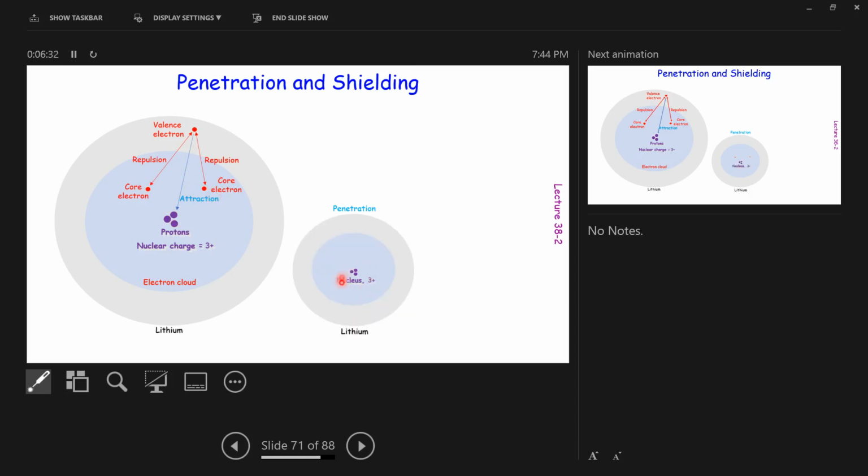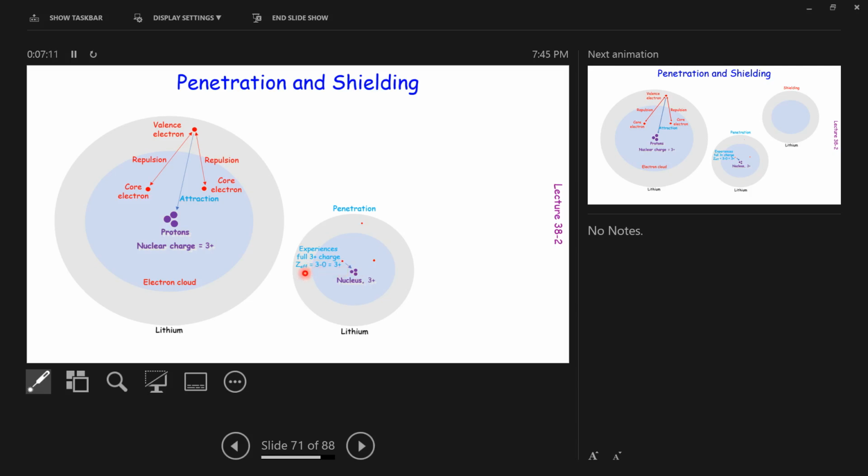Let's take a look at this illustration. The same lithium atom, actual nuclear charge is 3 positive. And now if we concentrate on the core electrons, this core electron should experience the full 3 positive charge.